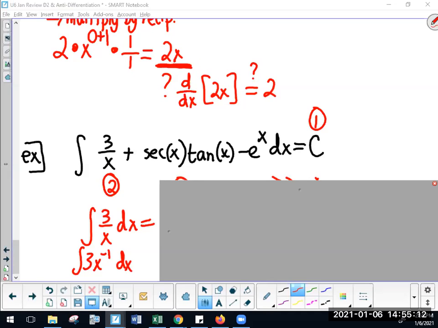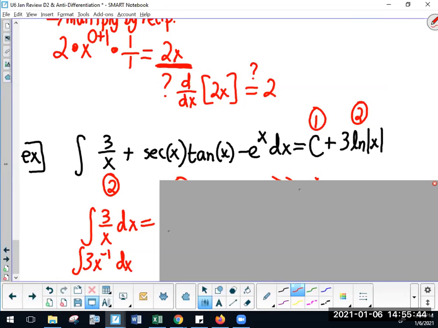This is going to be what frustrates some of you, is you don't get it right the first time. Well, if you don't get it right the first time, hopefully you've learned in calculus that means that you should try a second time. So this is, of course, 3 times the natural log of the absolute value of x. That is a power function that's not a power function, right? Yes, I knew that because I had an exponent of -1.